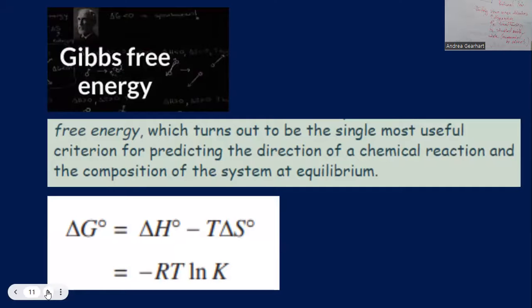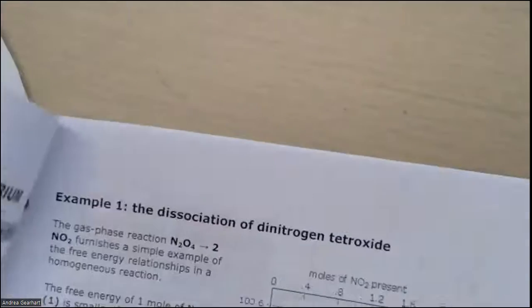Gibbs free energy. Okay, so if we want to go into our packet, we're on page 17. Gibbs free energy was experimentally derived, and your textbook does a beautiful job showing you where this equation comes from.